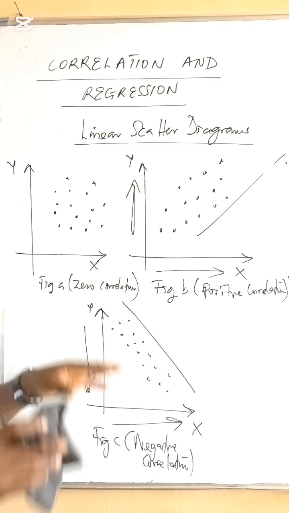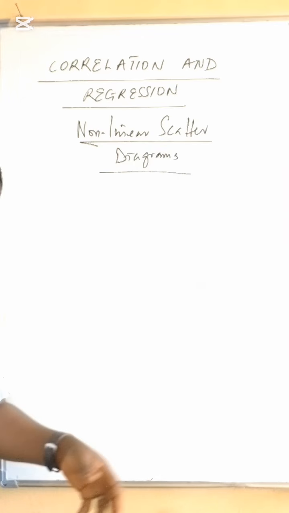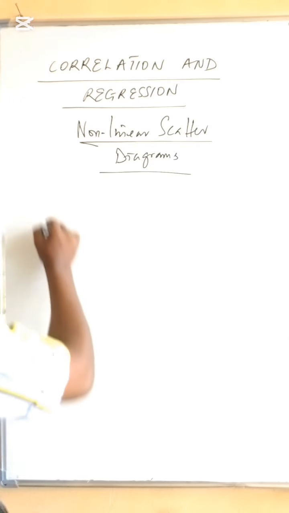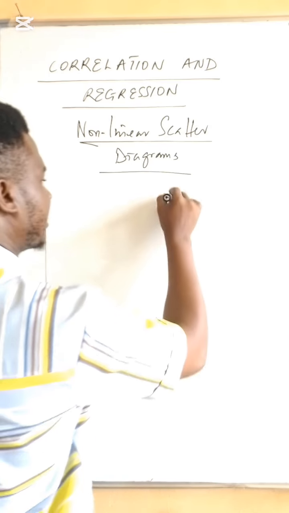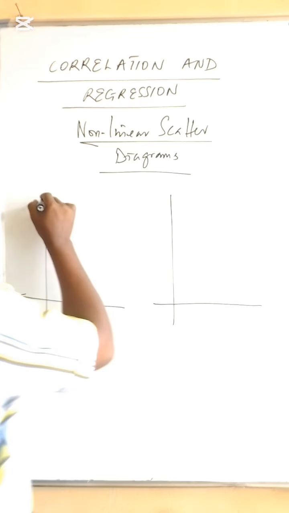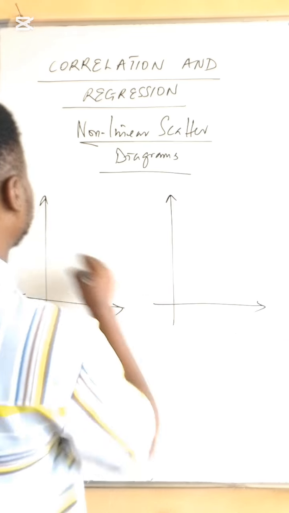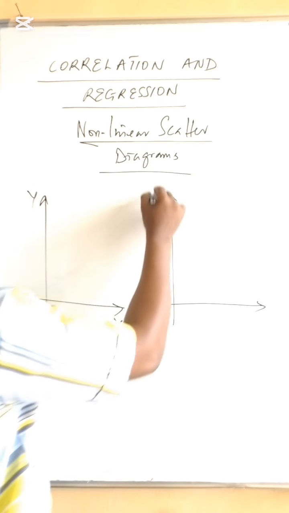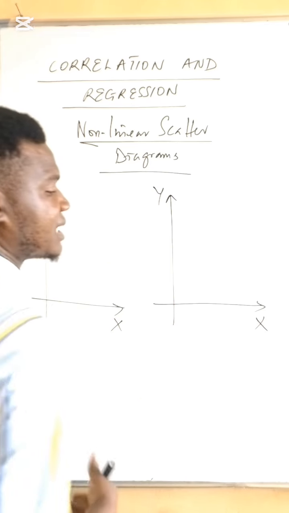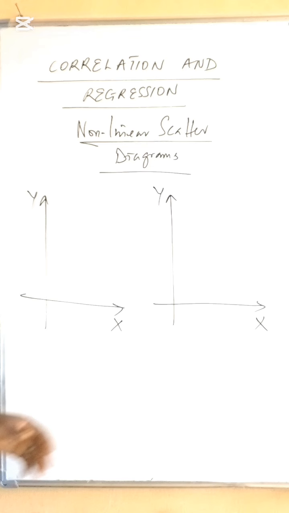Let's now go to the non-linear case. So, how would the scatter diagram appear for the non-linear case? You could have scatter diagrams appearing in this manner if the relationship between x and y, that's the bivariate data, is non-linear. So how would we look at a scatter diagram and tell that the relationship is there but is non-linear?